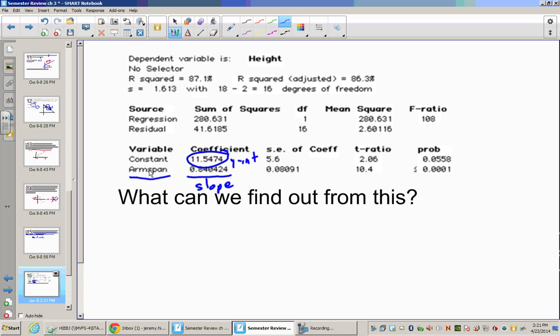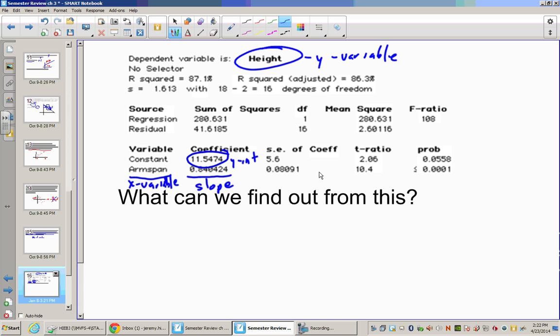Arm span is our x variable, or explanatory variable, and height is my y variable. And not all printouts will tell you what the dependent variable is.